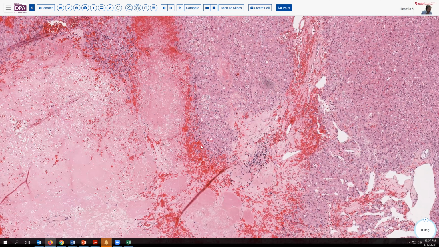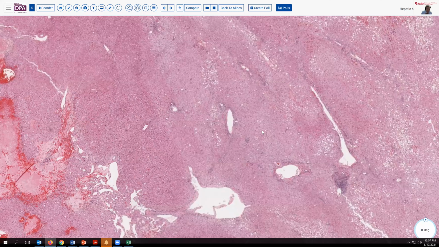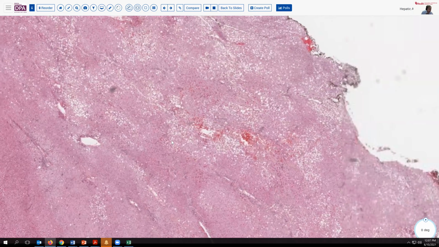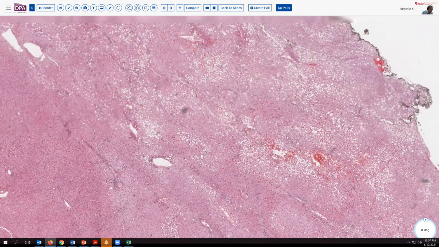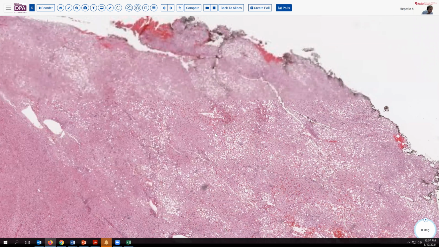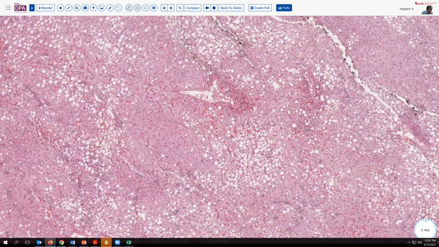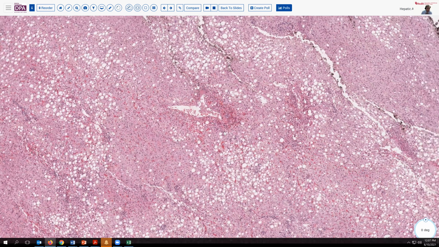And so this fits well with adenoma, whereas when we get over here to the periphery, maybe into more normal parenchyma, you might say, well, we still don't see bile ducts in all of these areas. For example, here you have a vein, a portal area seemingly, but no evident bile duct.